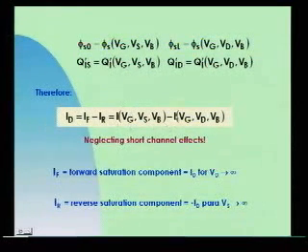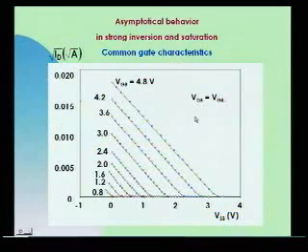The component that depends upon Vs we will call the forward saturation component because when Vd is great enough, this term will vanish. In the reverse saturation, it's the contrary. This term will vanish and we'll have only this one, which is the reverse saturation component. Okay? Then no matter what model you are using, if it's a long channel device, it will be valid if your model is accurate enough.